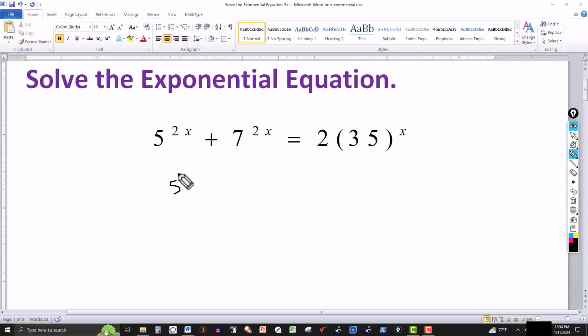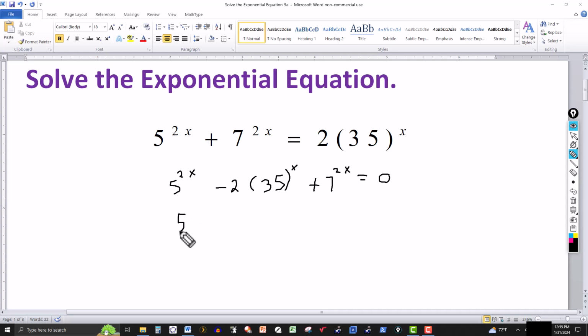We have 5 to the 2x. I'm going to bring this over to this side. It changes the sign, so it's minus 2 times 35 to the x power. And then I'll have the plus 7 to the 2x equal to 0. Then I'm going to rewrite this.